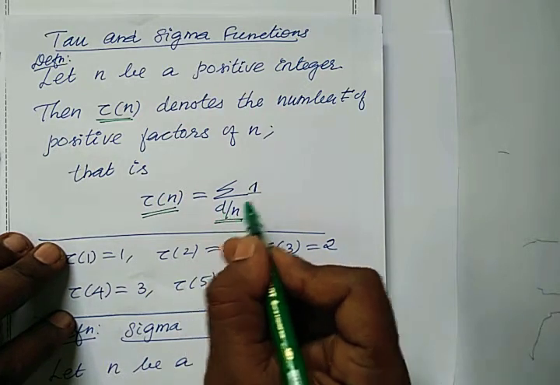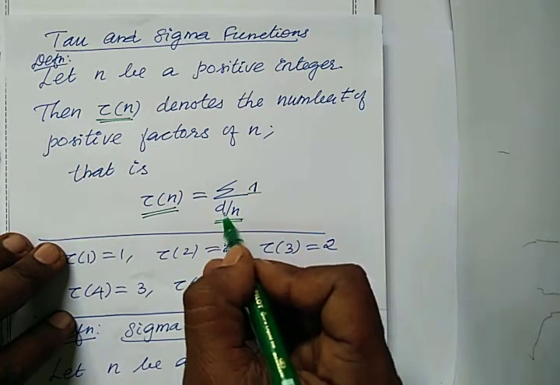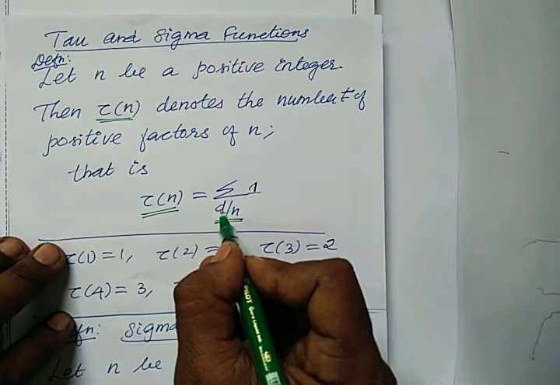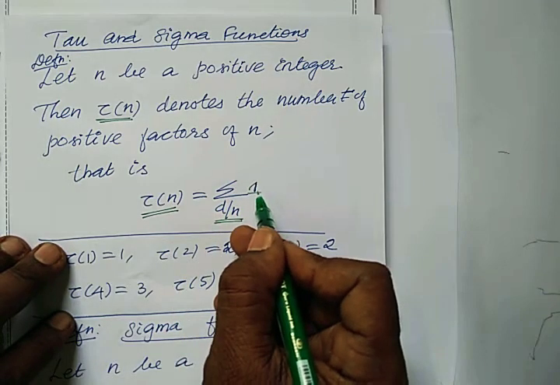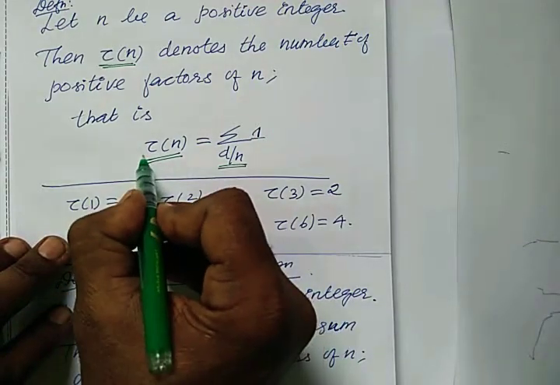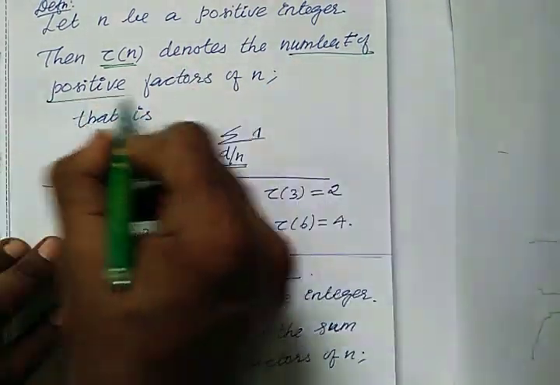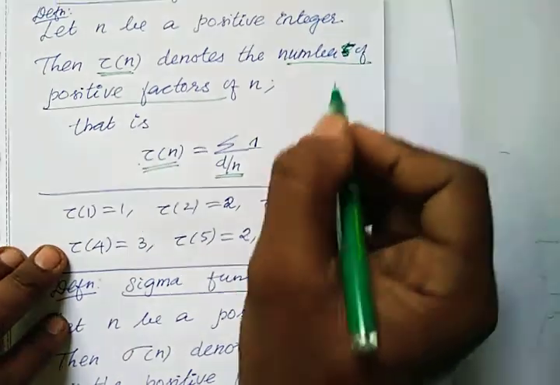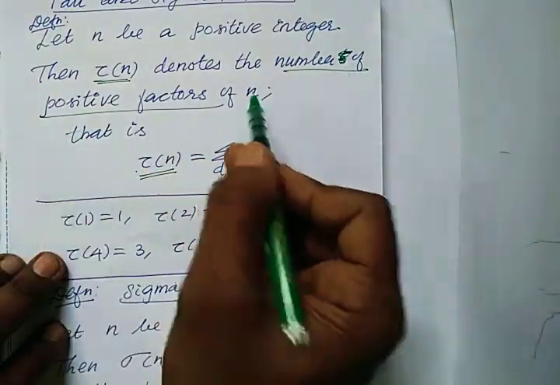For each divisor we are summing 1. If there is a divisor, corresponding to that divisor we have to sum one number 1. This is nothing but the number of positive factors of n.